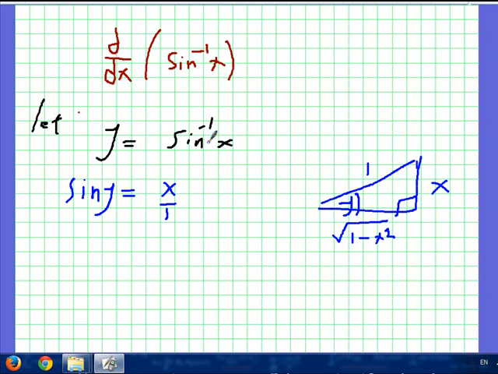But y equals sine minus 1 of x. We want to find dy by dx, so we have to differentiate this equation.